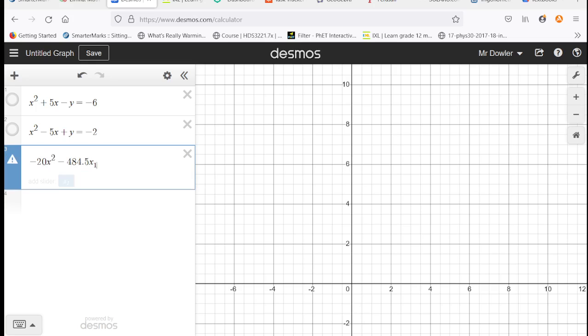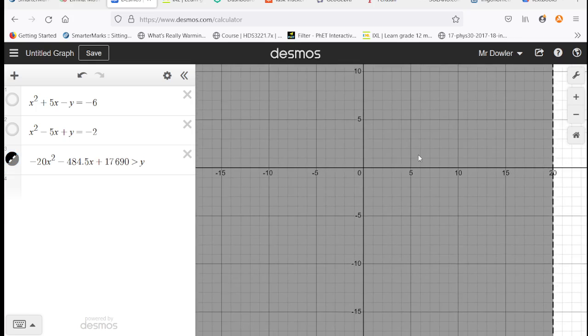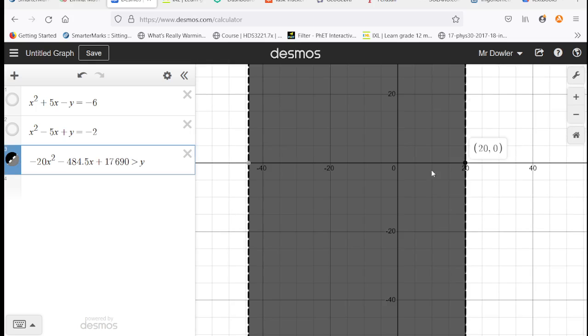Slipped a sign. 17,690. And that has to be greater than 0. Now at first it looks like we have a whole lot. But now we see our limits are at 20 and negative 44.225.